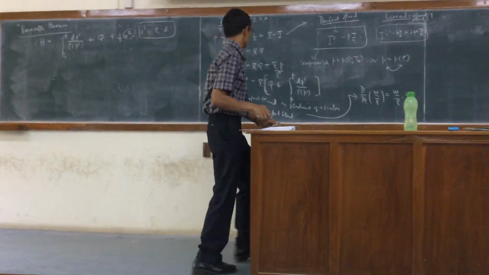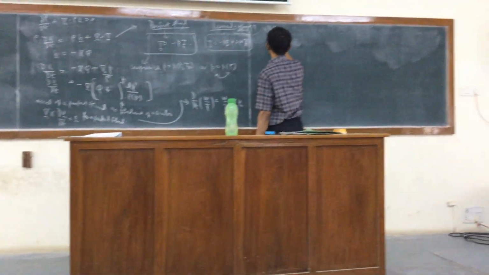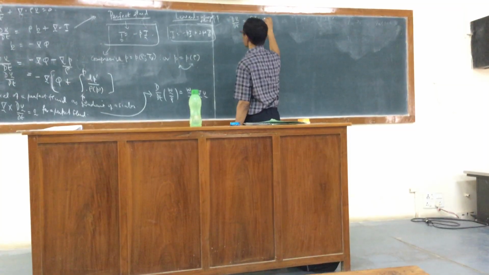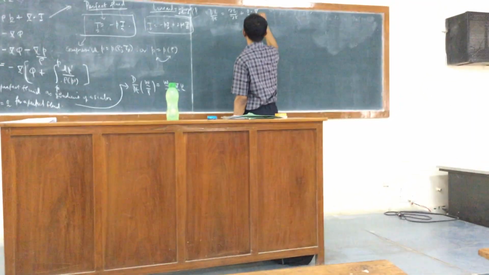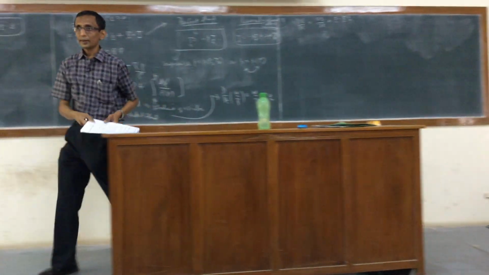So for doing that, I will expand the left hand side and write dV by dt plus V dotted with the gradient of V. That is simply the expansion.